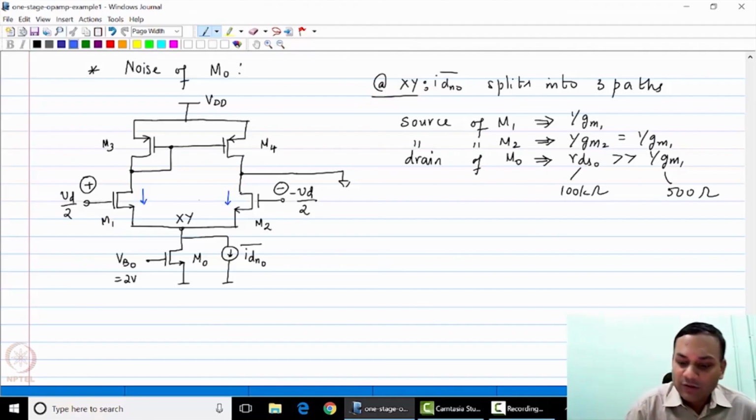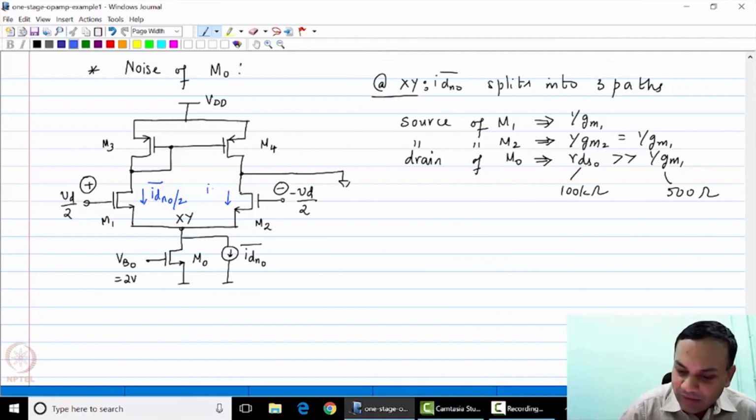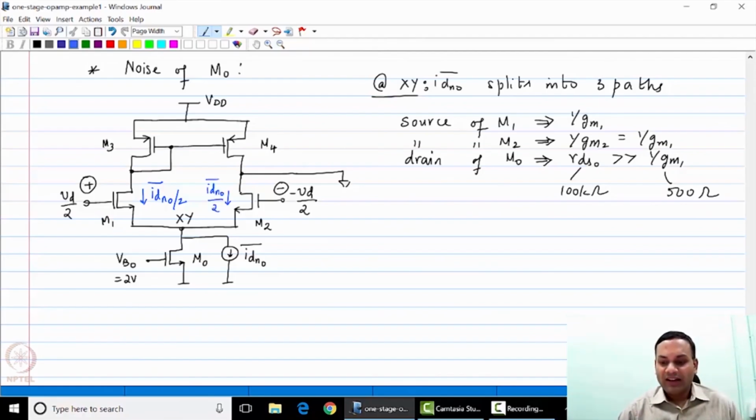These 2 currents are correlated, so you cannot use IDN0 squared. You have to calculate the total current while using the linear quantities. So there is a current IDN0 by 2 flowing through M1 and the same amount flowing through M2. Let us see what happens to the current flowing through M1.